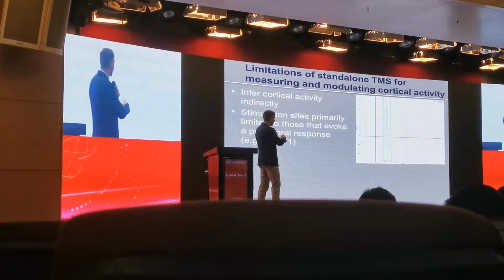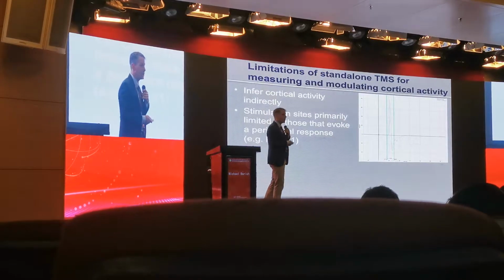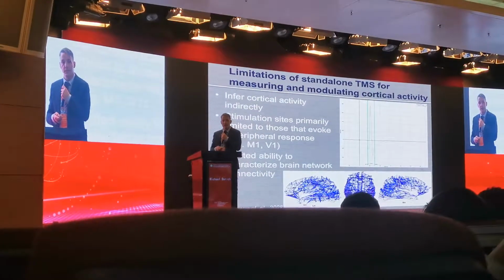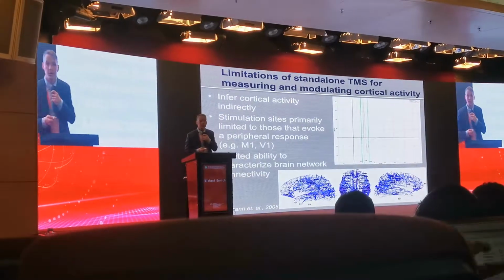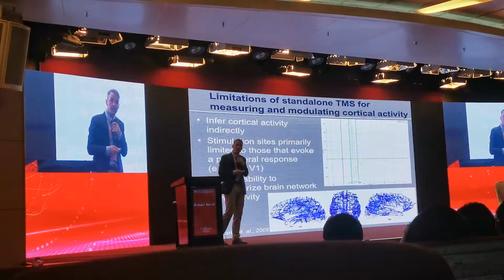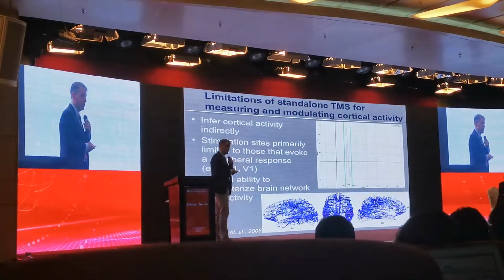We are typically limited to brain regions that will elicit a peripheral response, like the motor cortex or the visual cortex, right? And we have limited ability to characterize the connectivity between regions of the brain and look at causal relationships from when we stimulate one area of the brain versus the activity elicited in another area.